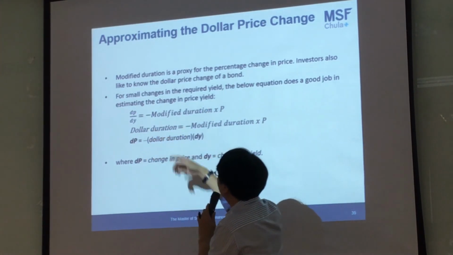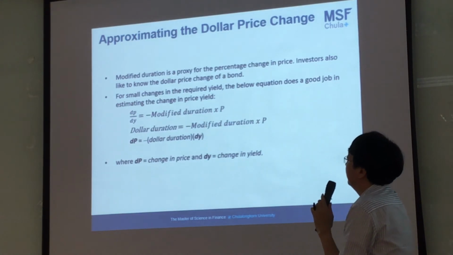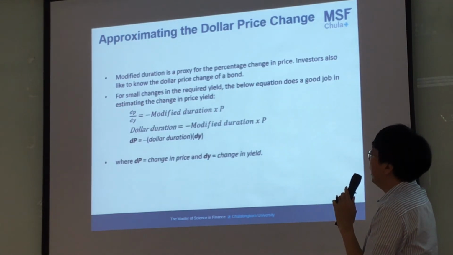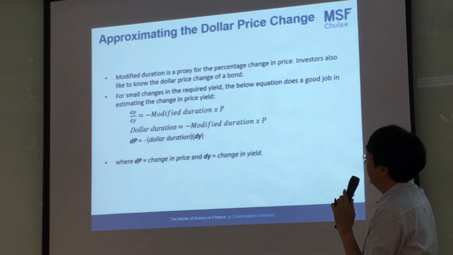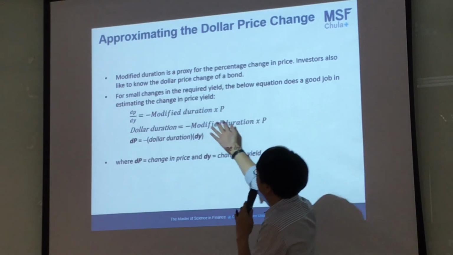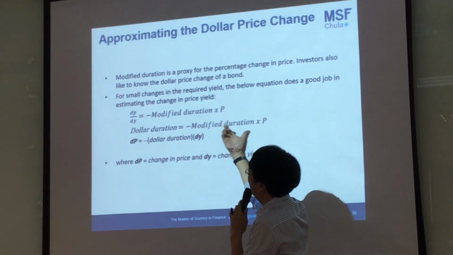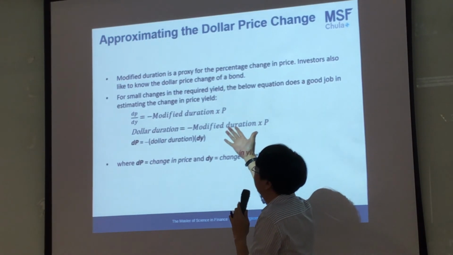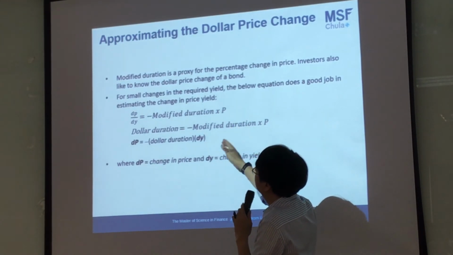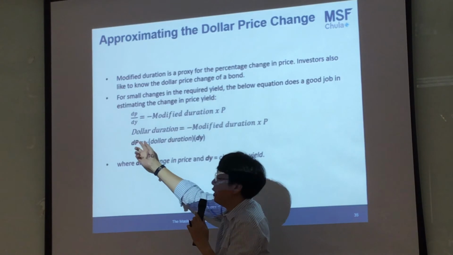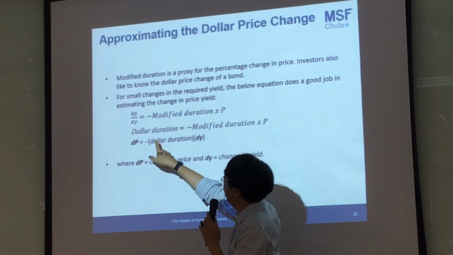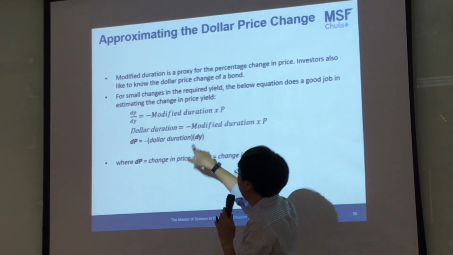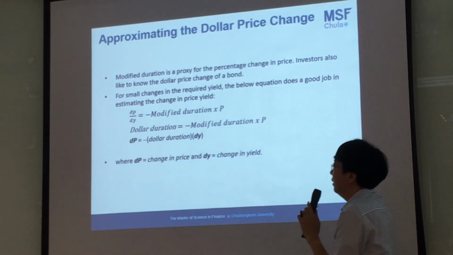Here we get the dollar duration. The dollar duration is basically just equal to this one. This is called dollar duration. And then you want to know the change of the price of the bond, right? So you multiply the dollar duration with dy.